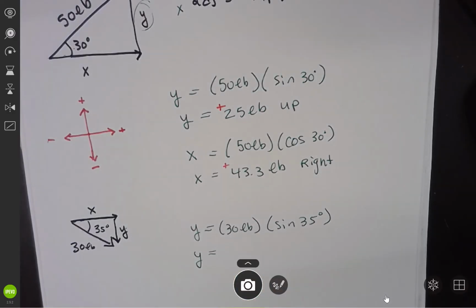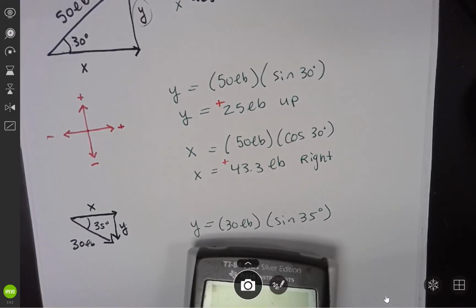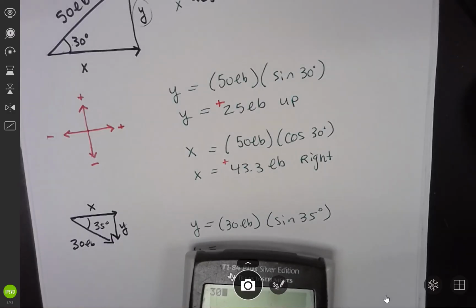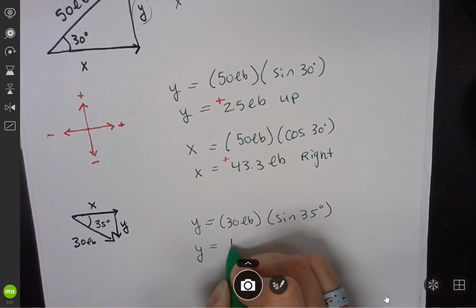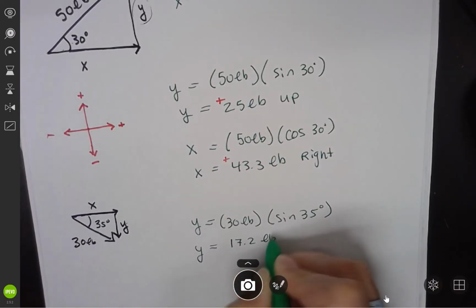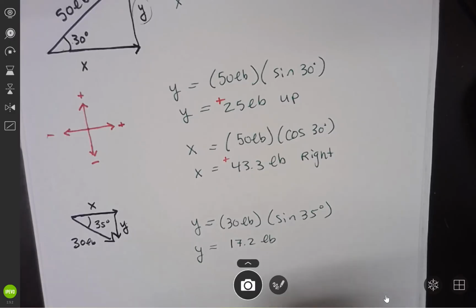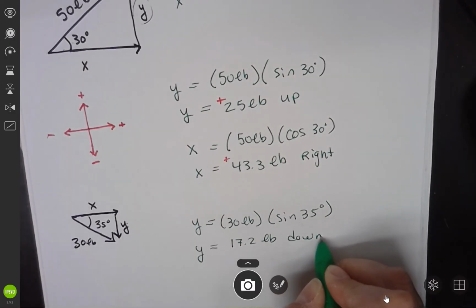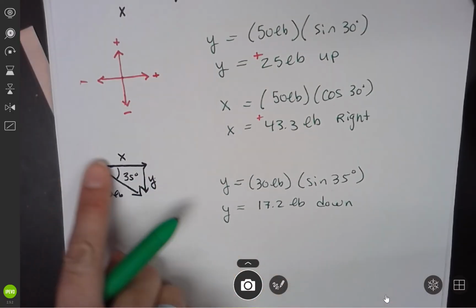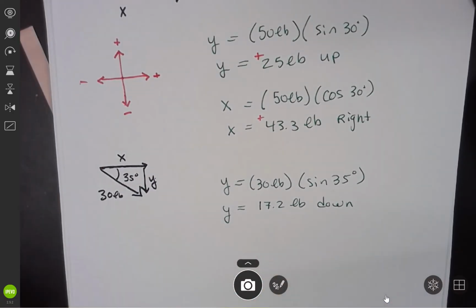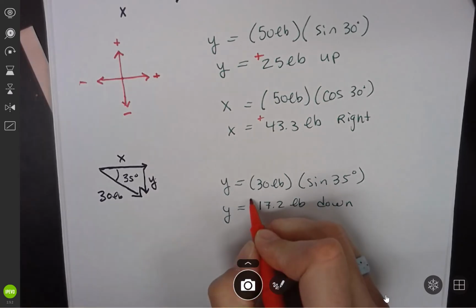In my calculator, I will type 30 times the sine of 35, and I get 17.2. But I'll notice that since this vector is slanting downward, I'm actually going to give that guy a negative sign.